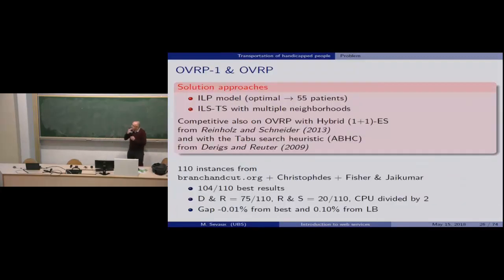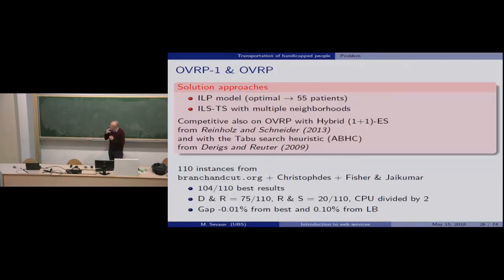So the solution approach we implemented here was first, of course, because of my background, I developed an ILP model, which can solve optimally instances up to 55 patients. But of course that was not enough, and that was not quick enough. The CPU time was more than 1 hour for solving these big instances, and because we want to make some simulation also, we need to implement some meta-heuristics.